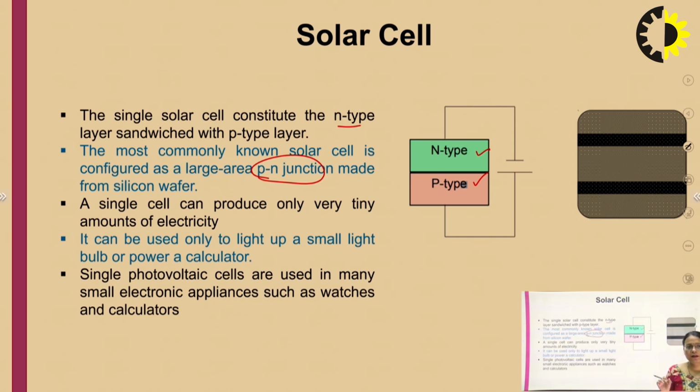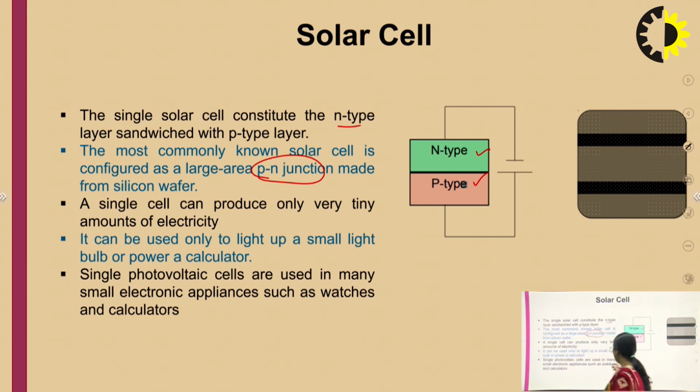A single solar cell will produce very little electricity, enough only to light a small bulb or a calculator. So to acquire a large amount of electricity, we need to connect a large number of solar cells either in parallel or in series depending upon the application.